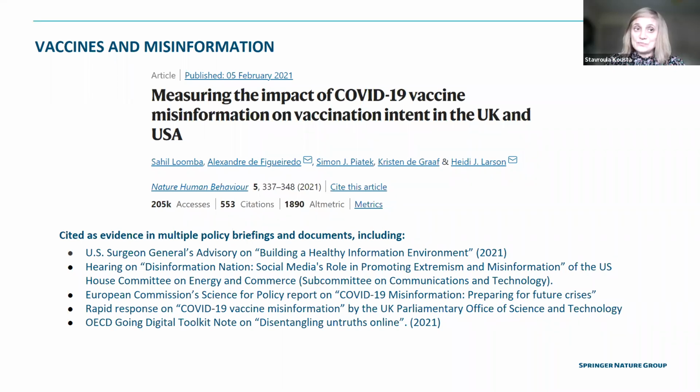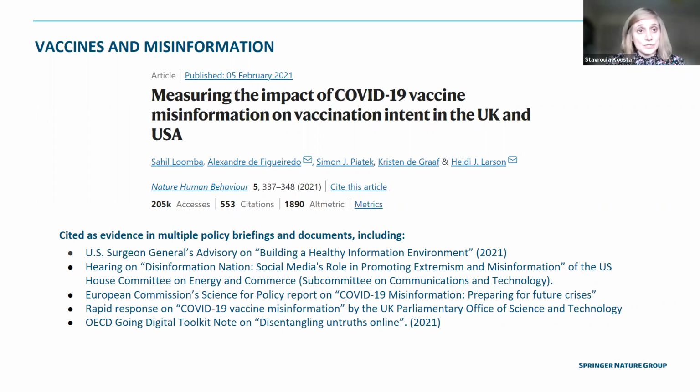One of the victims of misinformation is vaccination. Although it was an incredible scientific breakthrough to have vaccines developed for COVID-19 in under a year, having vaccines and having people vaccinated are two different things. A lot of people are susceptible to misinformation and disinformation, and vaccine hesitancy arose as a crucial consideration, especially in the early stages of the pandemic, but it remains a problem to address.